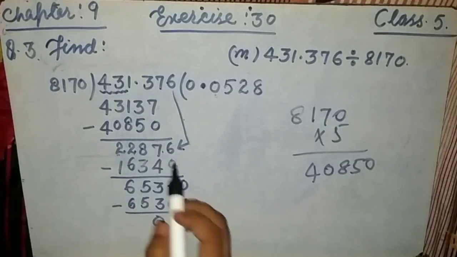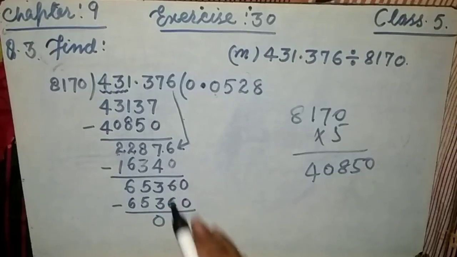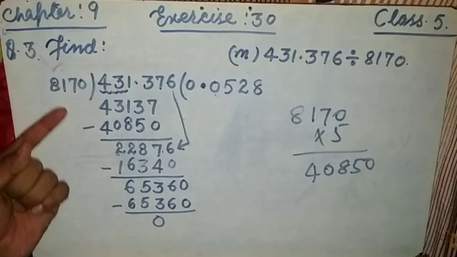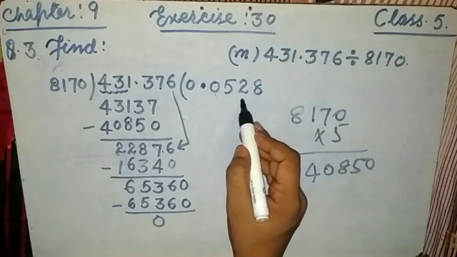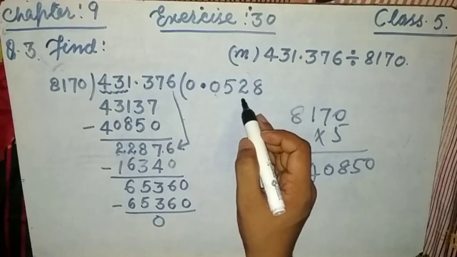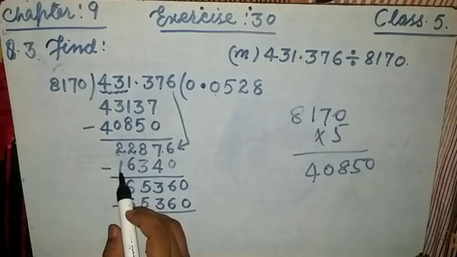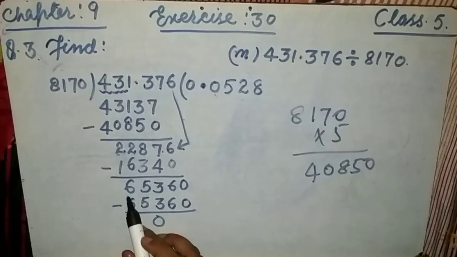Now this became 22,876. Now how many times does 8170 go to make this number, or just less than? This is 2 times. The 2 times becomes 16,340. Then subtract.